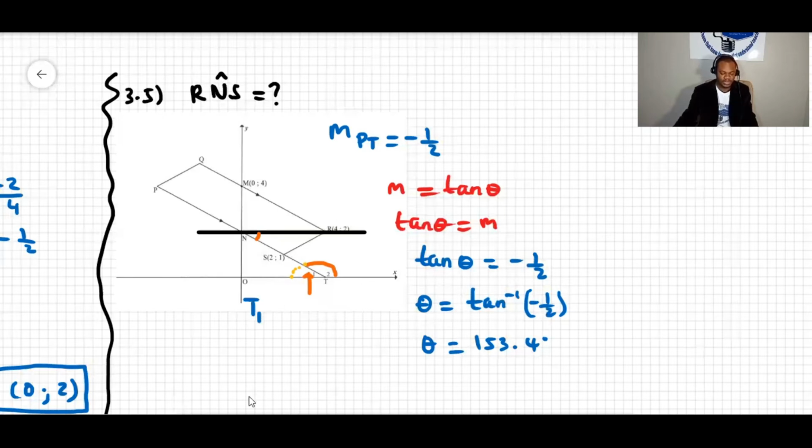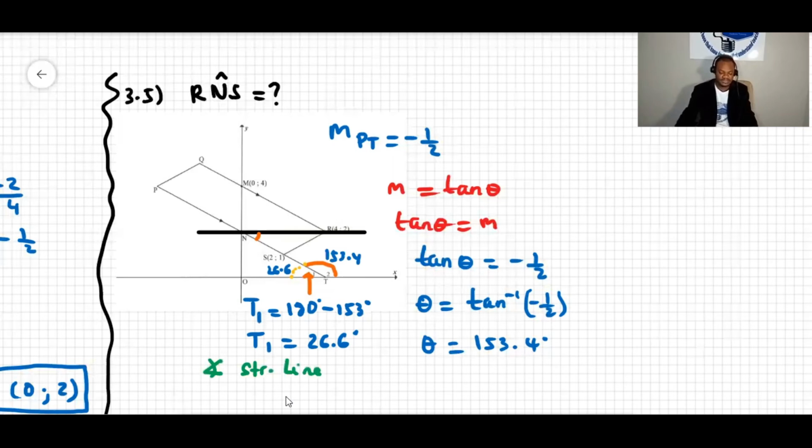Angle T1 will be equal to 180 degrees minus 153.4 degrees. So T1 will be equal to 26.6 degrees, such that 26.6 degrees plus 153.4 degrees altogether makes 180 degrees. The reason is angles on a straight line.